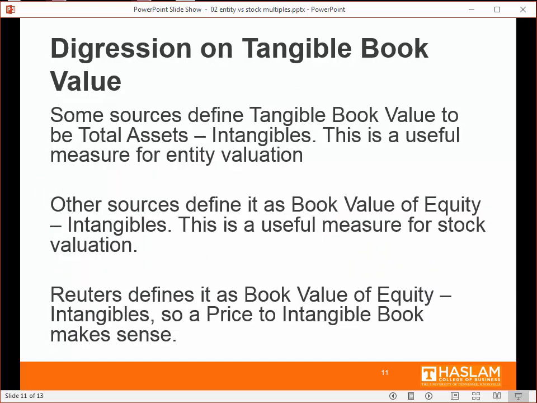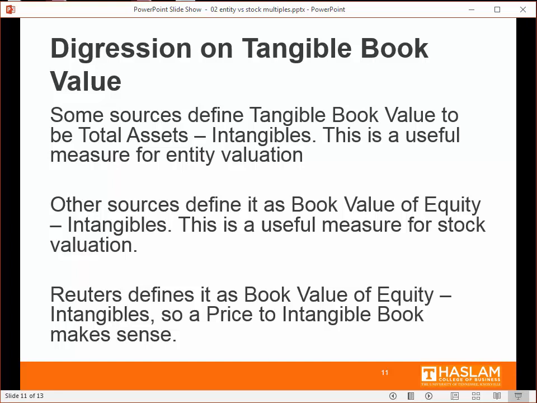So a digression on tangible book value is that some sources actually define tangible book value to be total assets less intangibles, and that's fine. You just need to be careful which definition you're using, and that would be a useful measure for entity valuation because it has both debt and equity components.